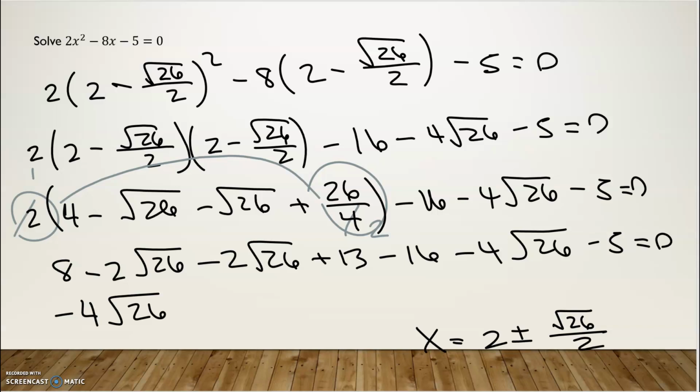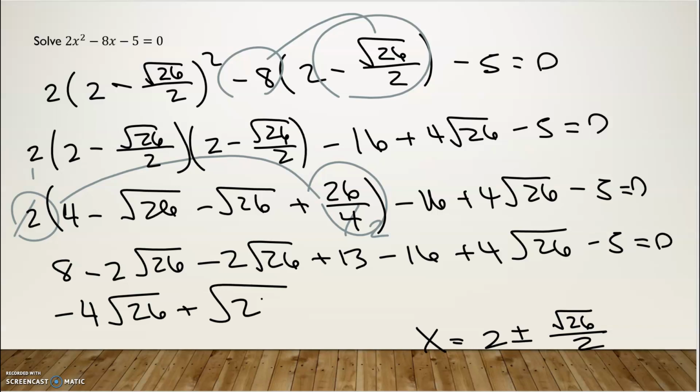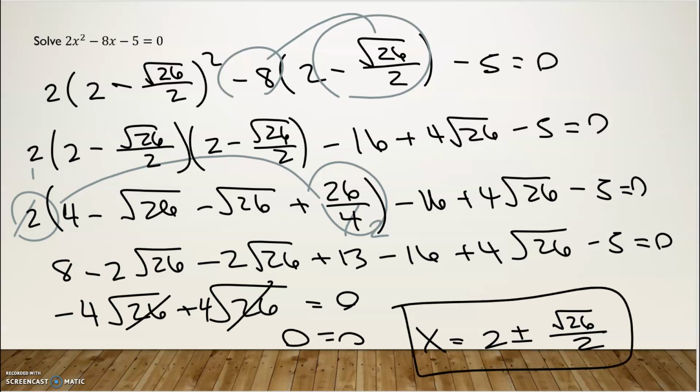And I see a tiny mistake. When I multiplied this negative 8 times this term here, I should have gotten a positive 4 square root of 26. Then 8 plus 13 minus 16 minus 5 comes out to 0 again. These cancel out, so 0 equals 0. So x equals 2 plus or minus square root of 26 over 2 is my answer.